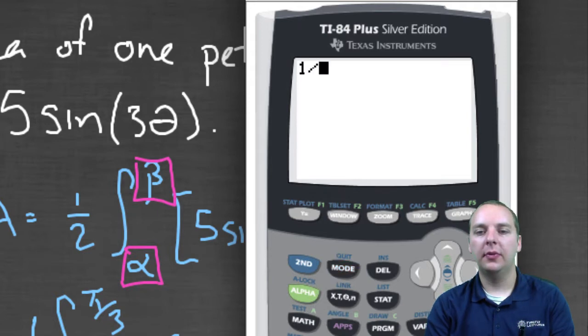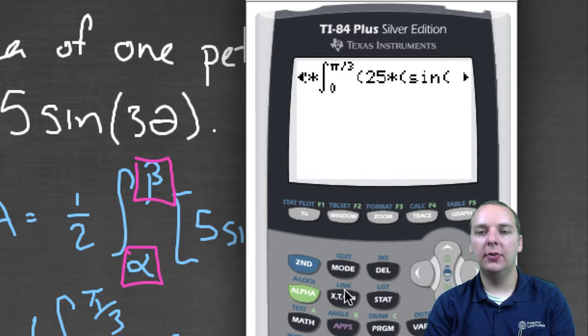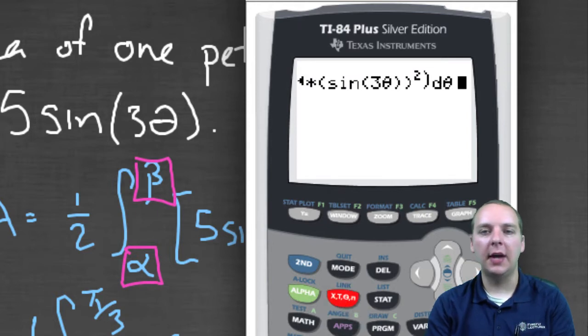We'll do 1/2 times the integral from 0 to pi over 3 of 25 times the quantity sine 3 theta squared d theta. Just type this in verbatim. Make sure you typed it in correctly.